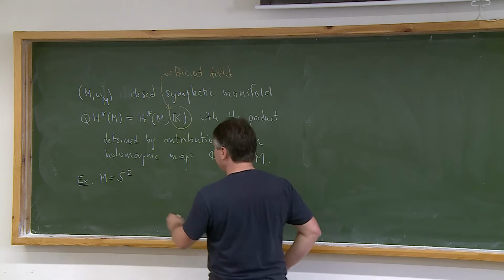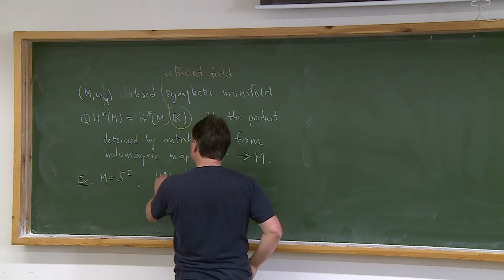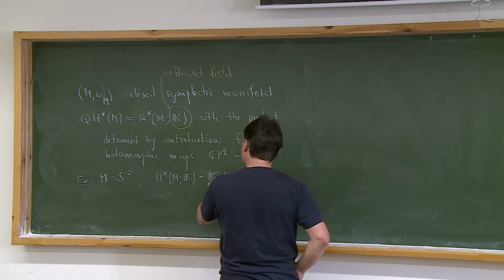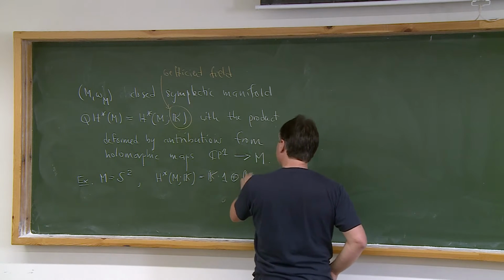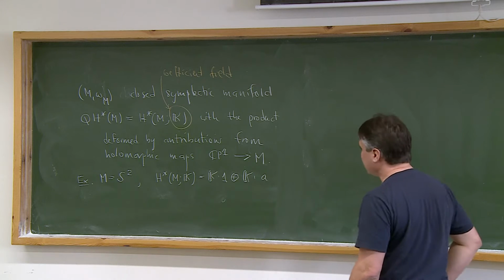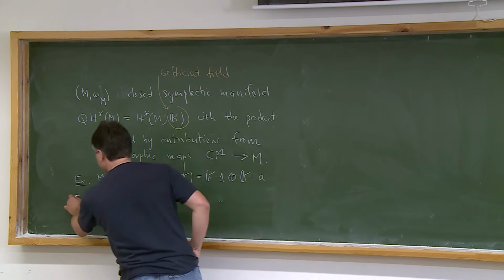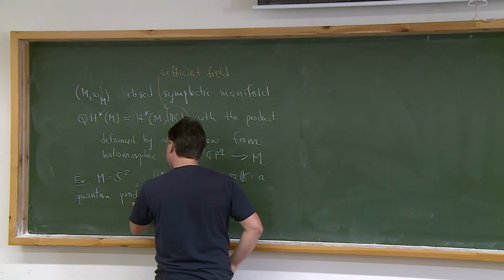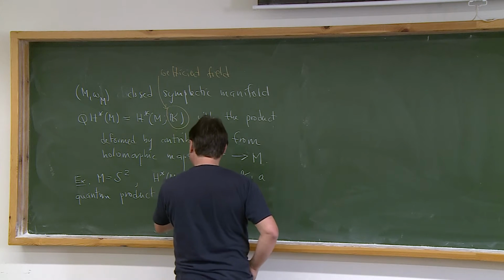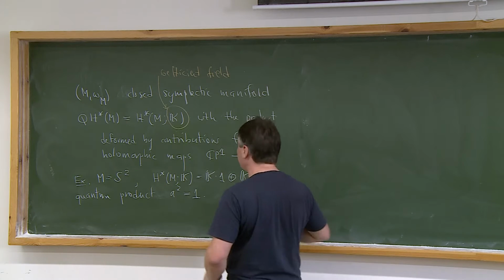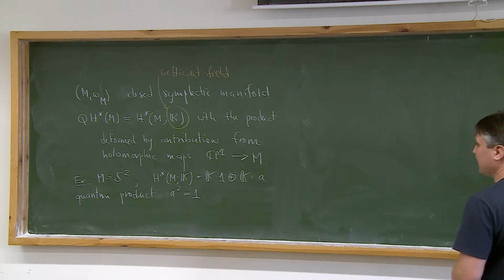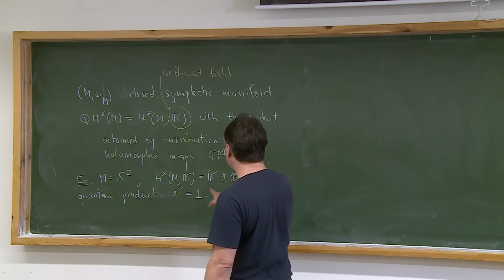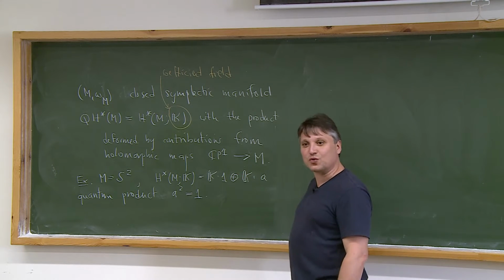So in this case here, okay, and the quantum product sets a squared equals 1, so it doesn't actually respect, this is degree 2, it doesn't actually respect the degrees, okay? So in other words, this is the ring with the generator a, and a squared equals 1.